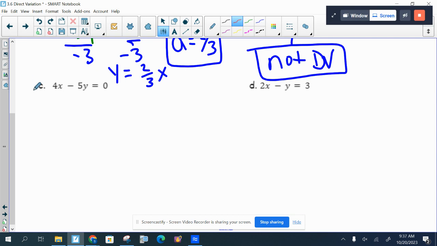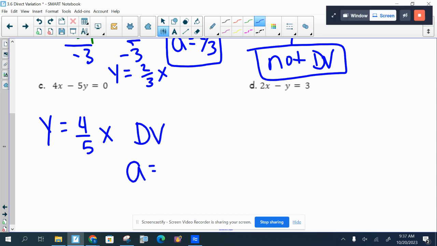So for C, it's really just like A, just different numbers. So when you rearrange it, you end up getting y equals 4/5 x. So this is direct variation, and constant of variation is, Gabby? 4/5. Yes.